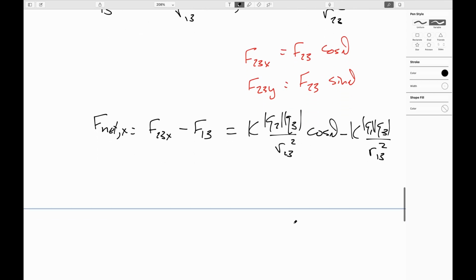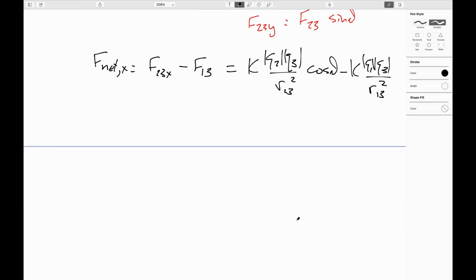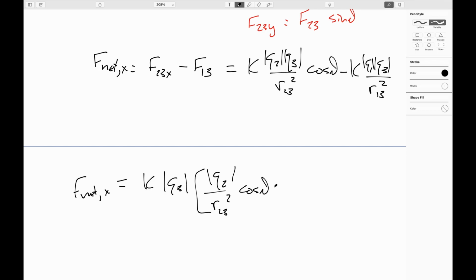All right, we can maybe clean that up just a titch. We can pull out a K and a Q3 from both terms, and be left with Q2 over R23 squared cosine theta minus Q1 over R13 squared. Now we can start to put in our values.